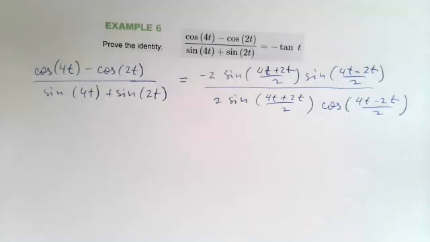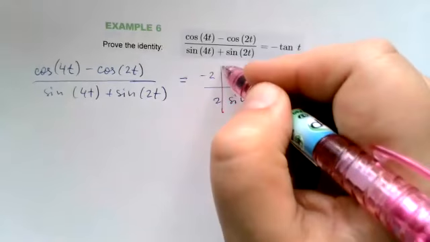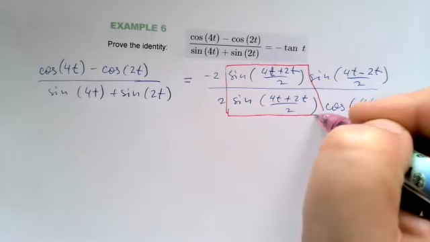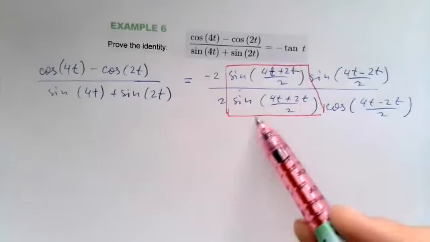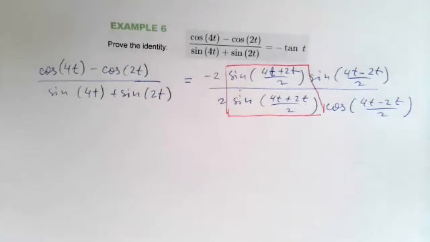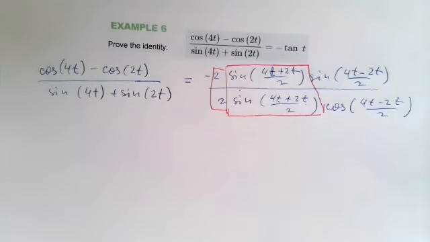Well, we could see right away that this factor in the numerator matches the factor in the denominator. So these will cancel out or turn into a 1, right? And so will 2 divided by 2, that's also a 1.